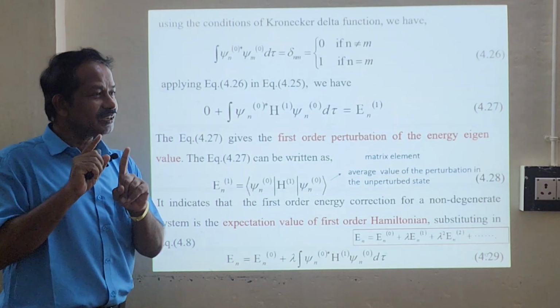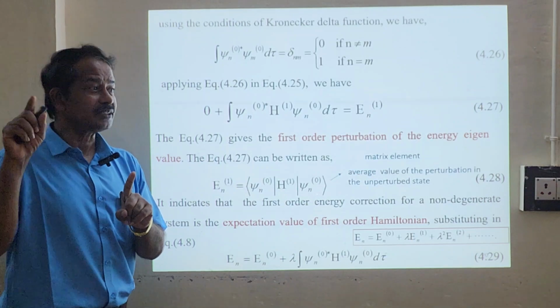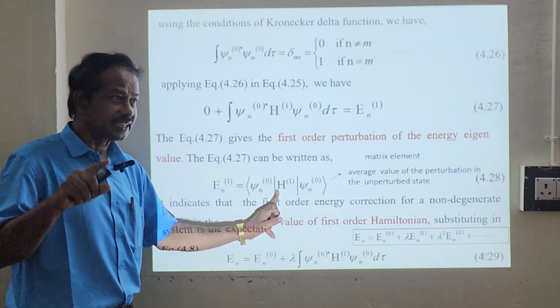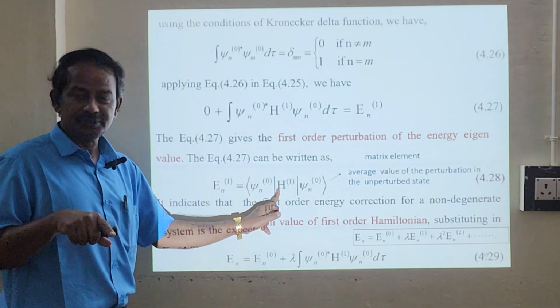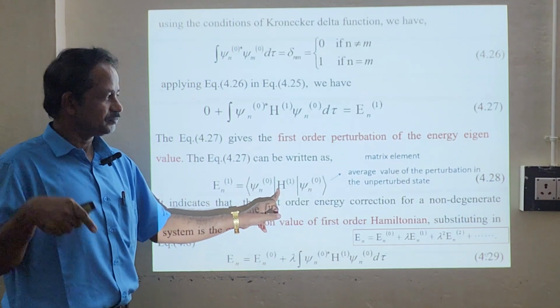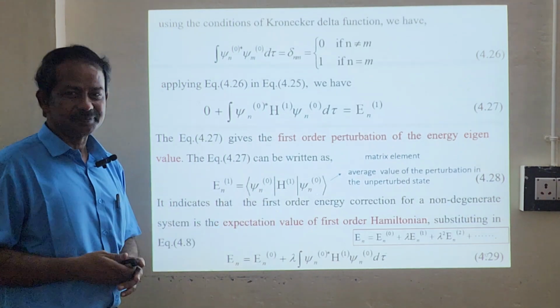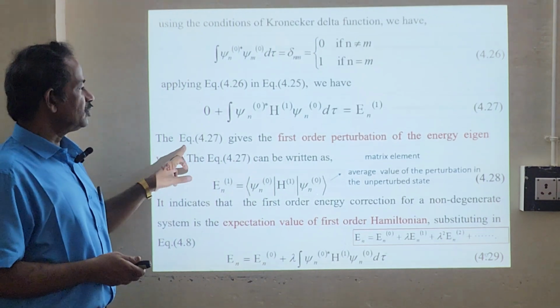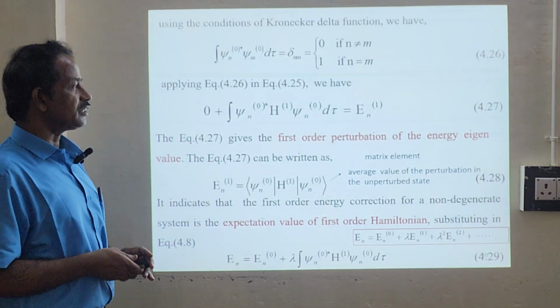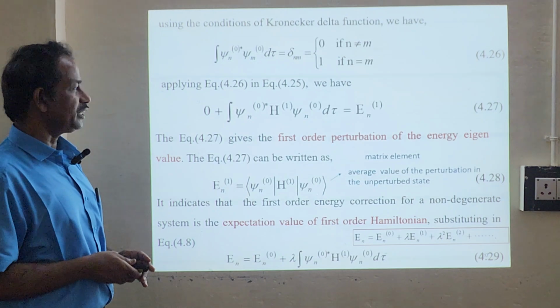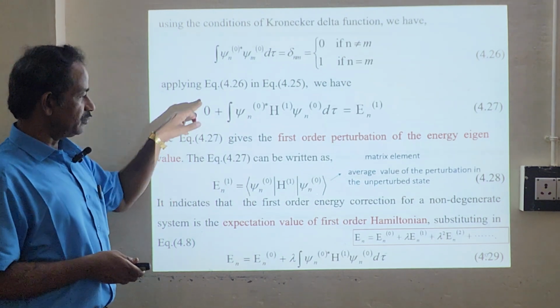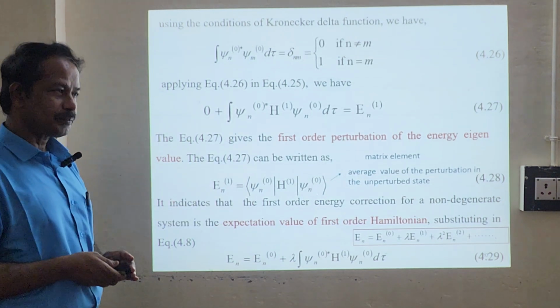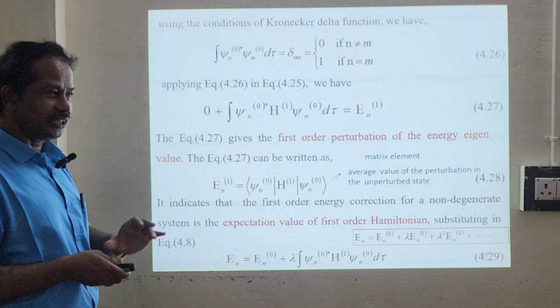H1 stands for the perturbation due to some external perturbation. It's a matrix element. So this is the corrected energy. So equation 4.27 gives the first order perturbation of the energy eigenvalue. So this equation can be written exactly like this. Is it okay? So we have come to the end.